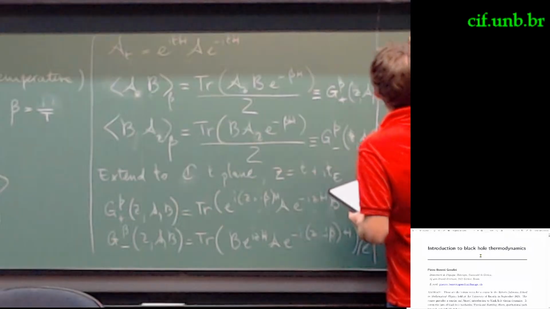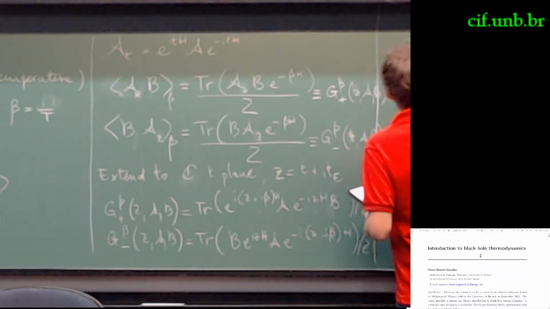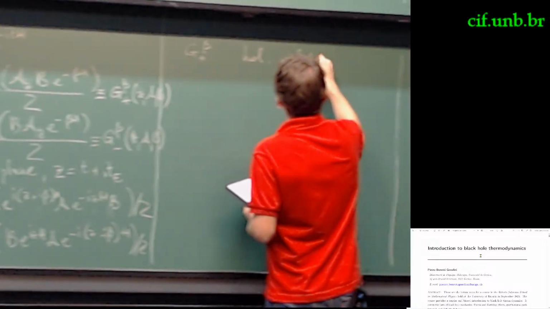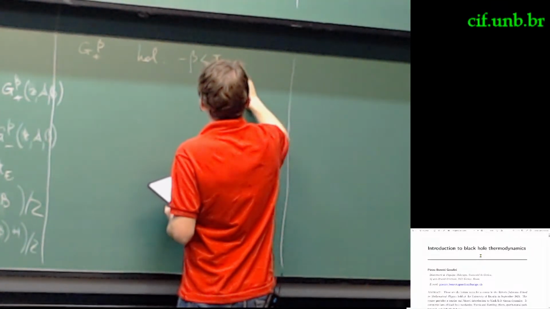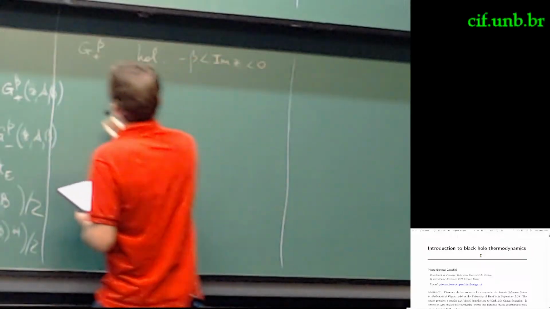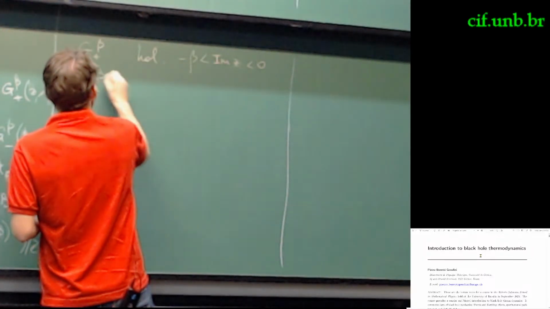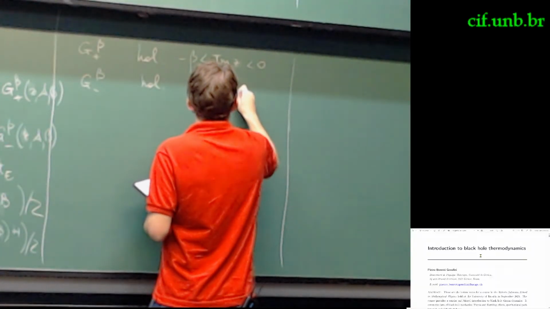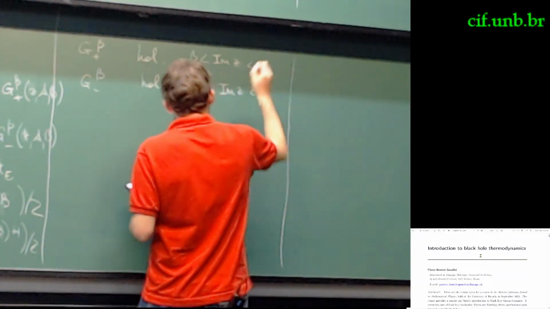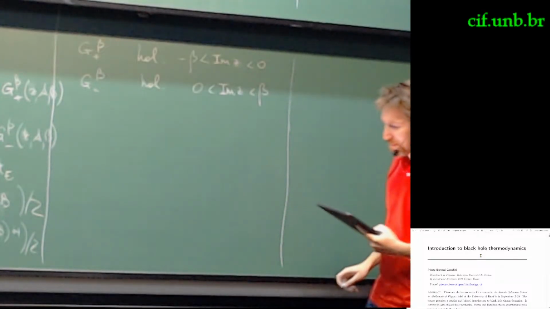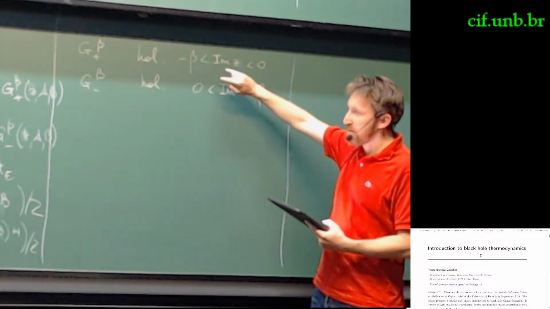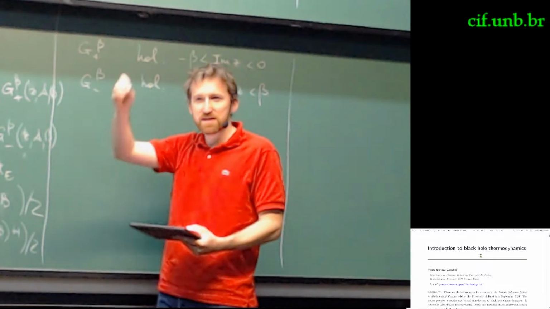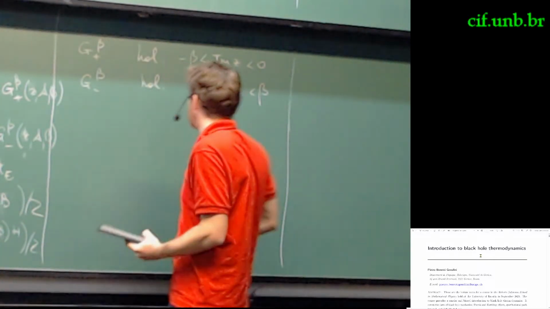So in fact, G plus is holomorphic in this strip, and G minus beta is holomorphic on this strip. And they agree with their t value once I take imaginary of z to 0.